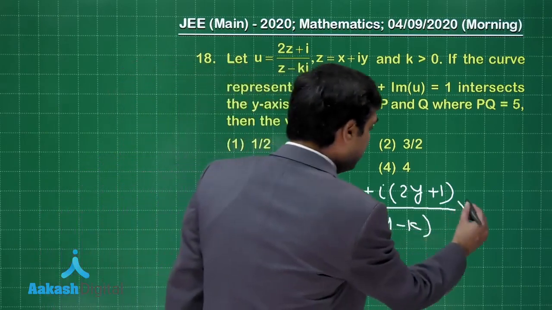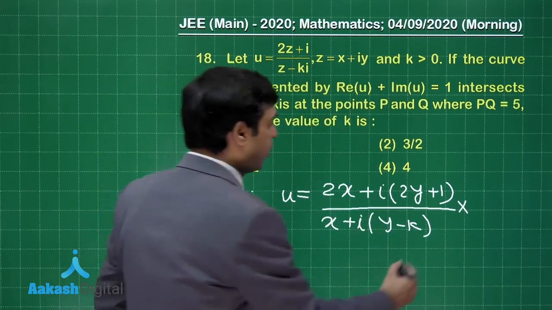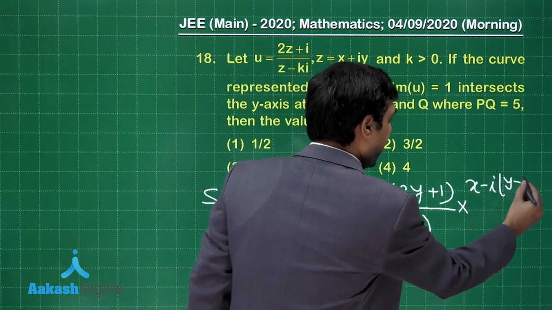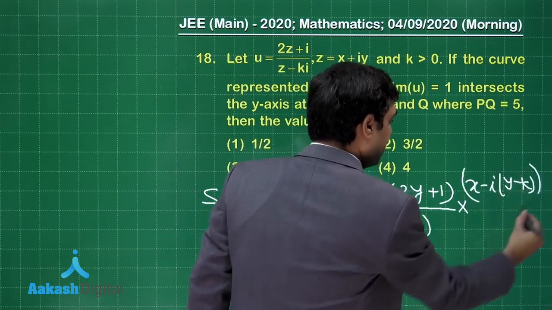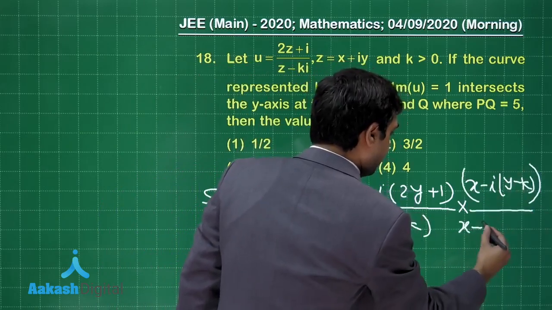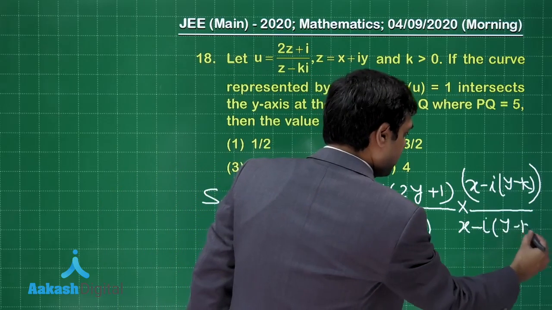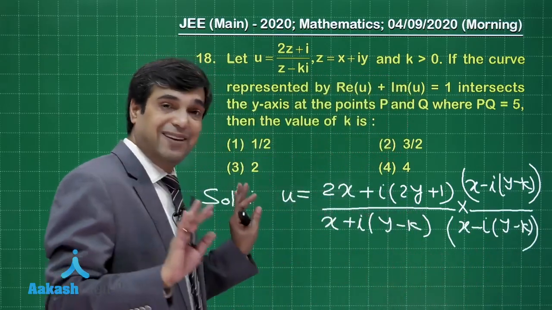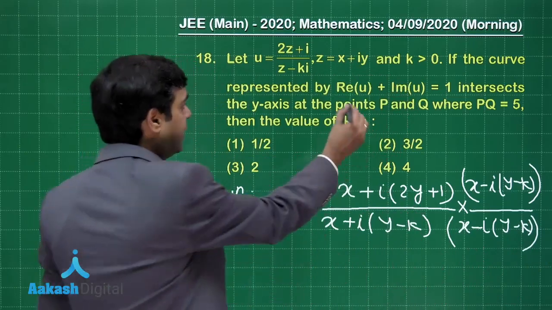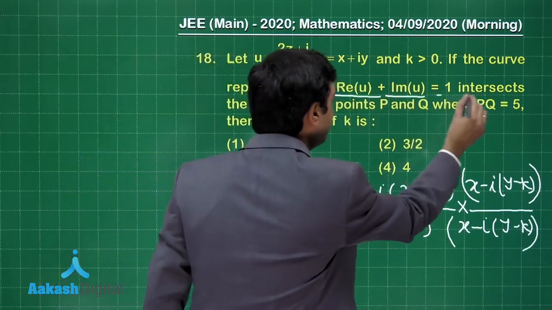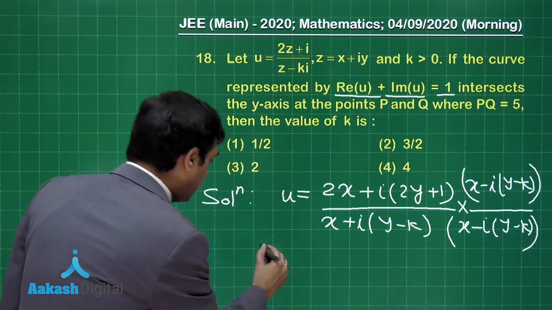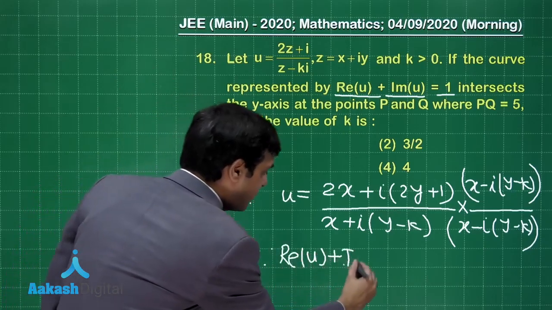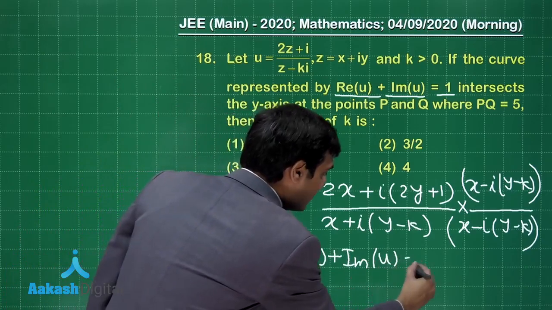Now here we multiply by the conjugate of this denominator, which is x minus i(y minus k), and the same term in the denominator. Now, when you try to simplify it, you will get the standard form. What the question is saying, real part of u plus imaginary part of u is equal to 1. So let's write down real part of u plus imaginary part of u is equal to 1.